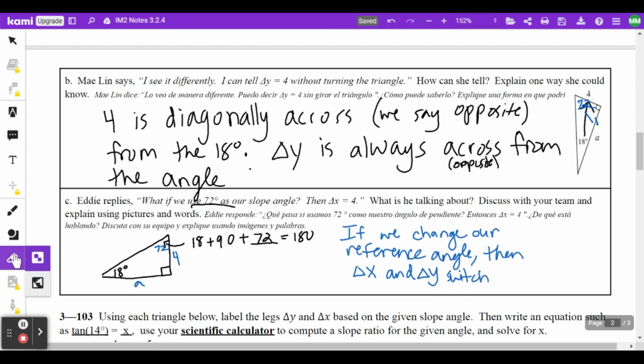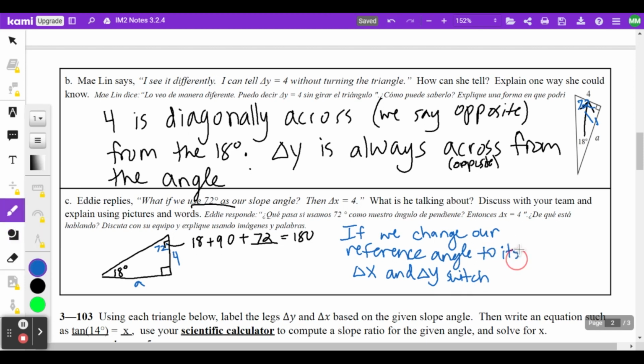You know what? We need more detail to its complement. Then x and y switch. I'm pretty sure that's still confusing.